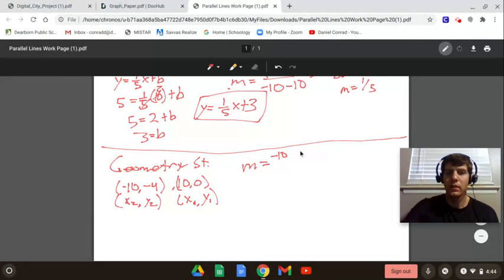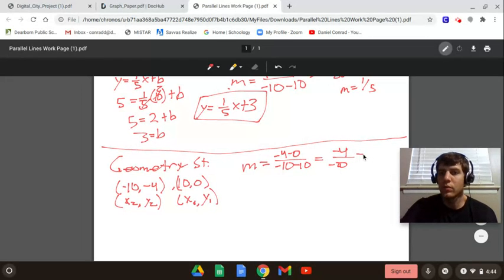I'm sorry, it's change in y over change in x, so we do our y's first. So -4 minus 0 over -10 minus 10. That's -4 over -20. We divide by -4 over -4, and we end up with 1/5. So our slope here is 1/5.